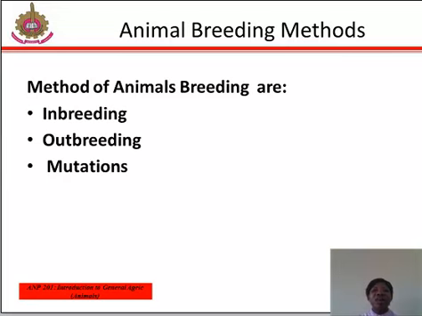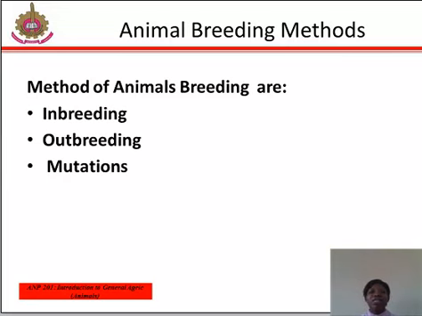So the crossing of distantly related animals is called outbreeding. One of the problems the animal breeder faces in outbreeding is the introduction of new genes into the population. So in this method, it is possible to breed a desirable type of animal with a less desirable type and then to increase the degree of desirable traits.